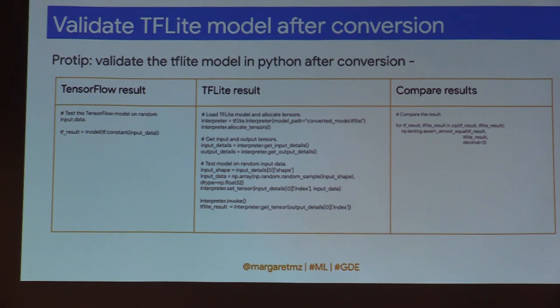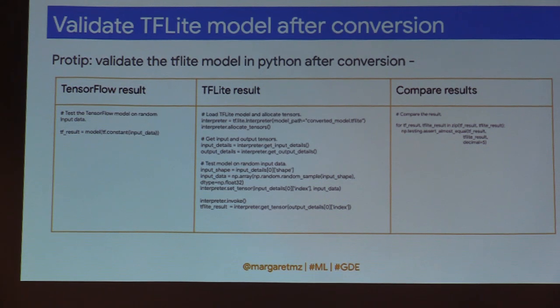Trust me, you would think the converter will not make a mistake, but it does. Sometimes your regular trained model works, but after you convert and deploy to Android or iOS, all of a sudden it's not working quite so well. So it's very good to validate it first.